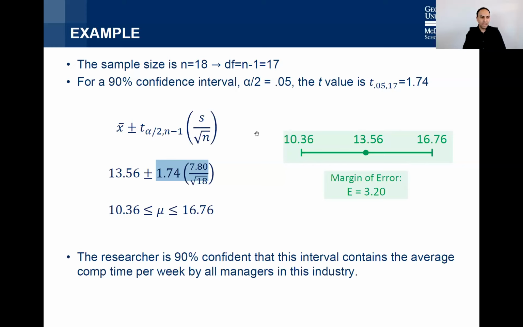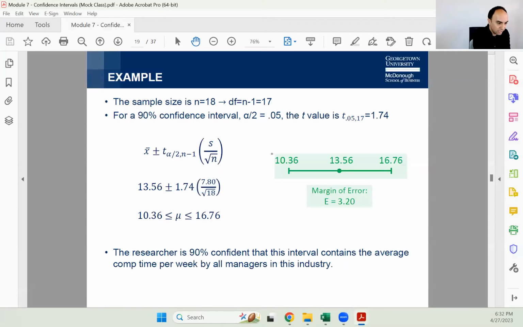Would that be a wider confidence interval or a narrower confidence interval? If this is our confidence interval, would you think we're going to have something like this, or something like this? Let's call this option A, and let's call this option B for the 99%.